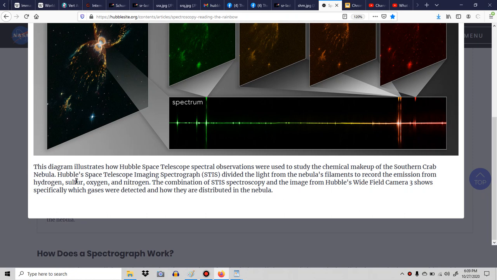I forget what their atomic numbers are, but you get the point. I know oxygen's 8, and hydrogen is 1. Helium is 2. I forget what sulfur is. Anyway, the combination of STIS spectroscopy and the image from Hubble's Wide Field Camera 3 shows specifically which gases were detected and how they were distributed in the nebula.